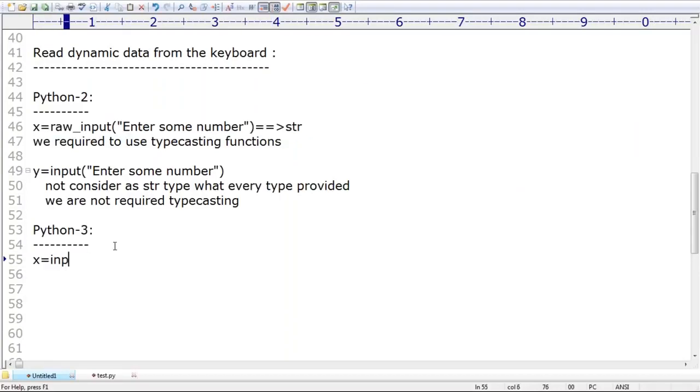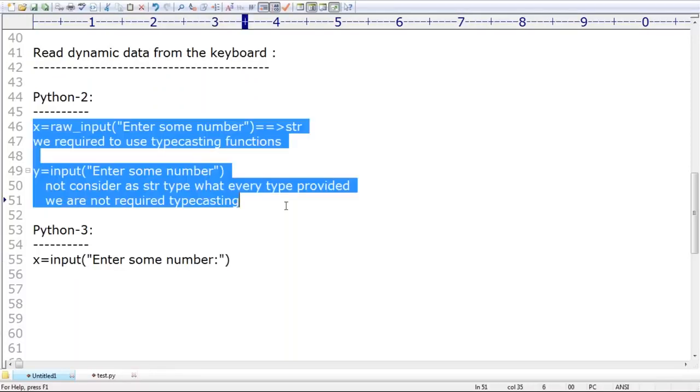Raw input, such a concept is not there in Python 3. In Python 3, if you want to read the data from the keyboard, compulsory we should go for only the input function. Now enter some number like this. Listen, don't get confused. So up to this is clear.